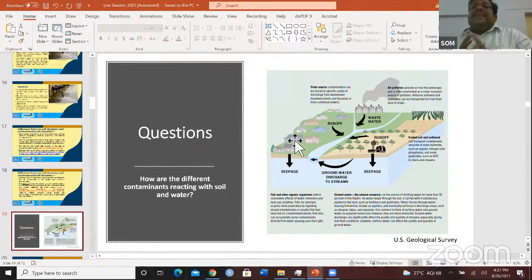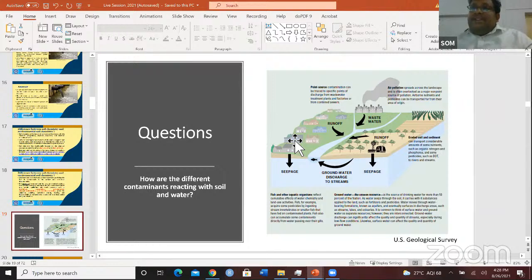Generally, different components react with the soil as they move through it, and then come in contact with the water bodies. Point source pollution or contamination can be traced to specific points of discharge from wastewater treatment plants and factories, as I have already told you, and then there is non-point source pollution, where there is no clearly traceable source.